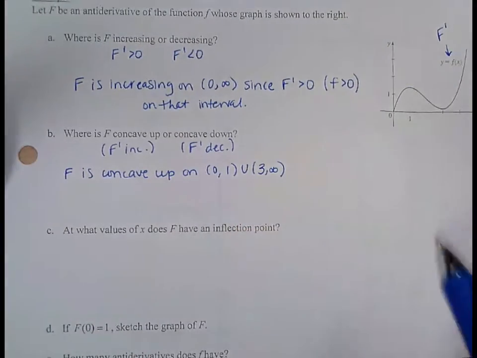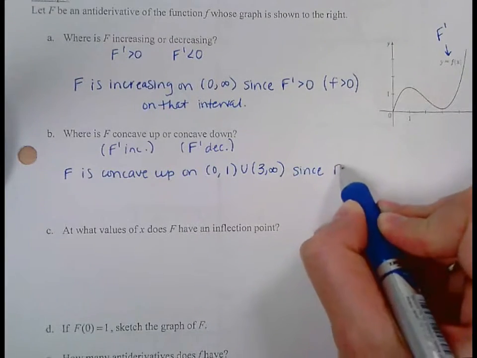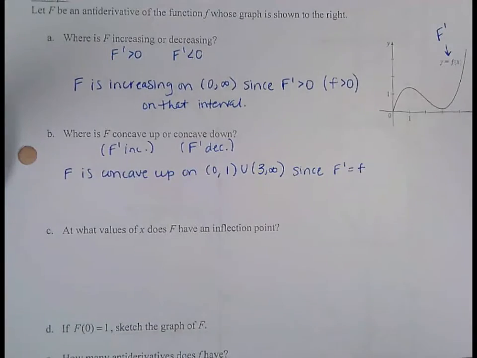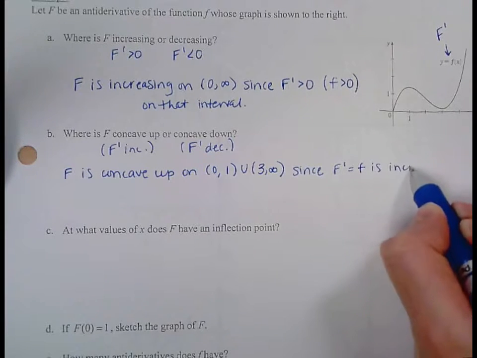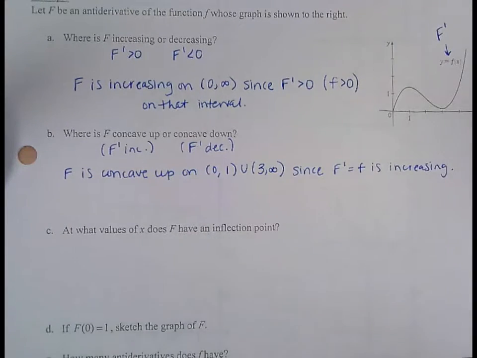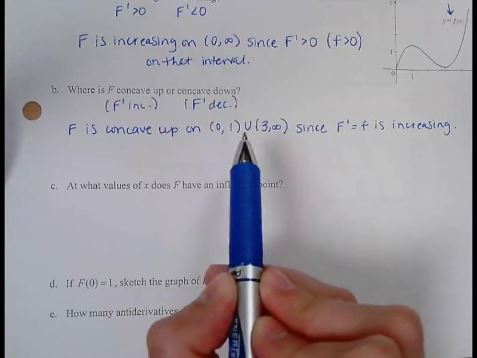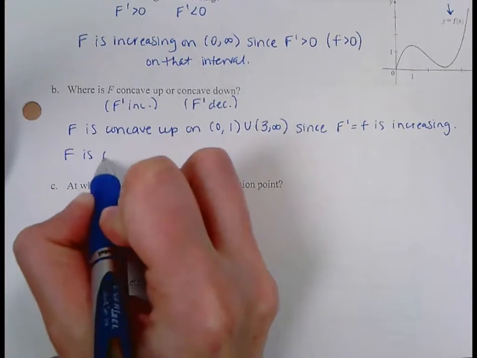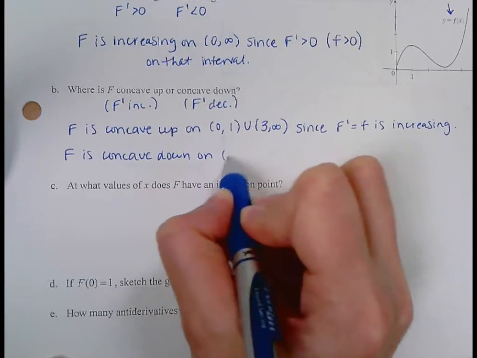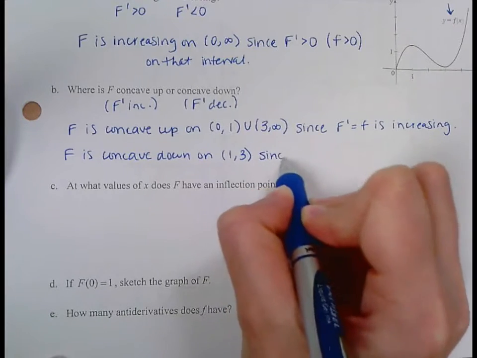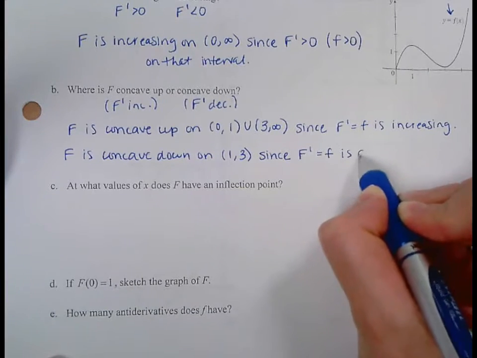And I'll just put the reason so we know, since capital F prime, which again is lowercase f because we have the graph of, is increasing. And then a similar reason for where it's decreasing, but it would just be the interval from 1 to 3. So f is concave down on 1 to 3, since capital F prime, which is lowercase f, is decreasing.